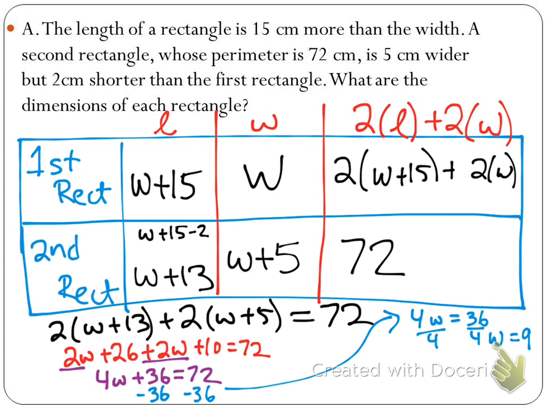Now, I am going to find the dimensions of both of the rectangles. Okay? I'm going to pause here, and then I'm going to clean some things up. Does anyone still need this column of the chart? All right, I'm going to get rid of that column because it's not important right now.